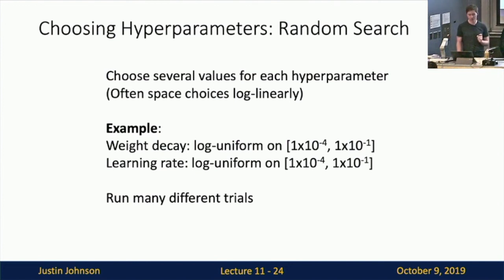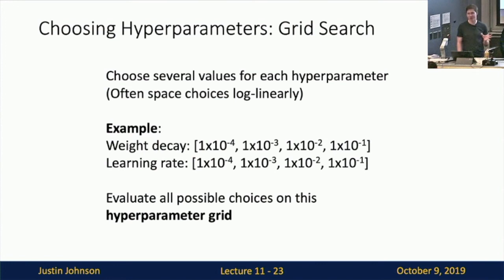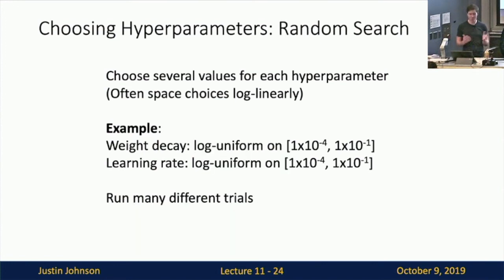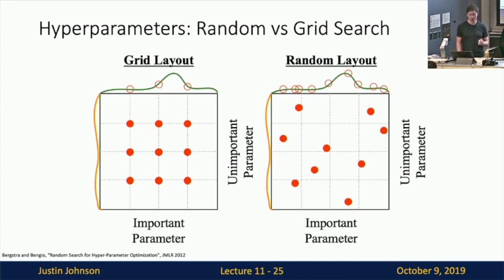If you think about grid search versus random search, they're formatted very similarly on the slides, so you might think they perform very similarly. But there's actually a fairly strong argument for using random search instead of grid search that comes from a 2010 paper.